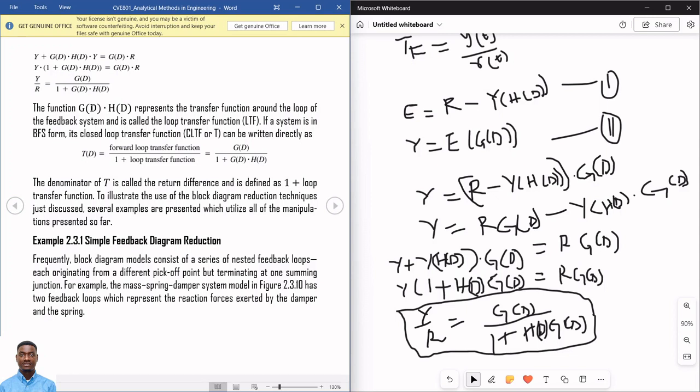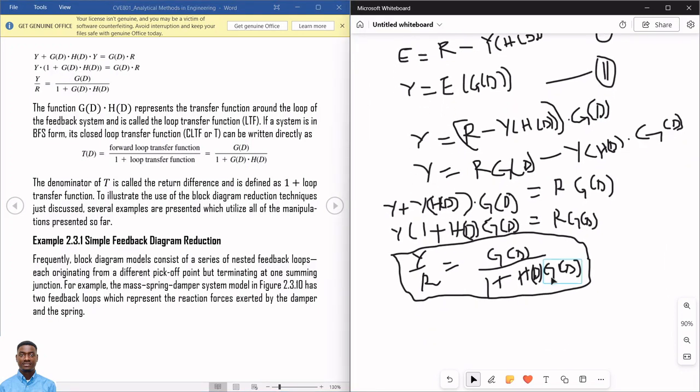So the function G D dot H D, which is what we have here, represents the transfer function around the loop of the feedback system, and it's called the loop transfer function. That's your LTF. G D is called your forward loop transfer function.